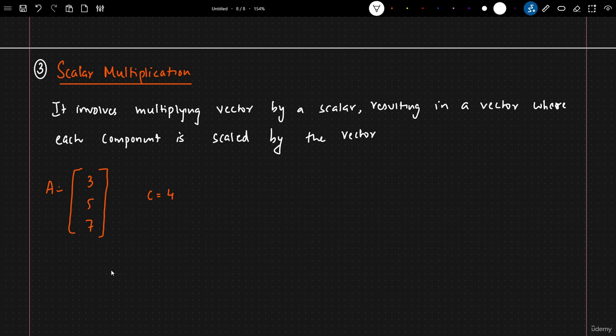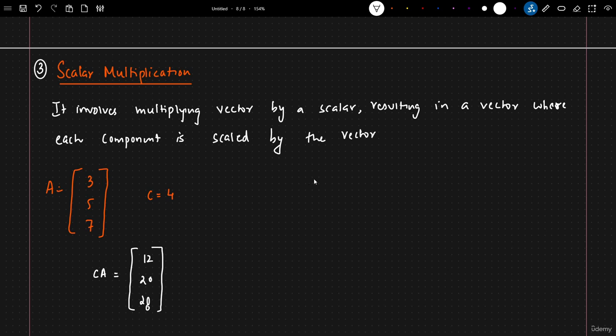So if I write C and A, in short, we are multiplying the scalar with all the values present inside this vector. So this will become 12, this will become 20, and this will become 28. So this will be my final scalar multiplication.